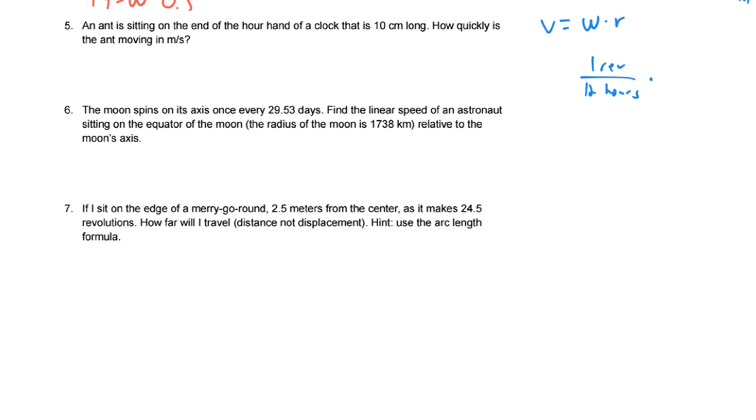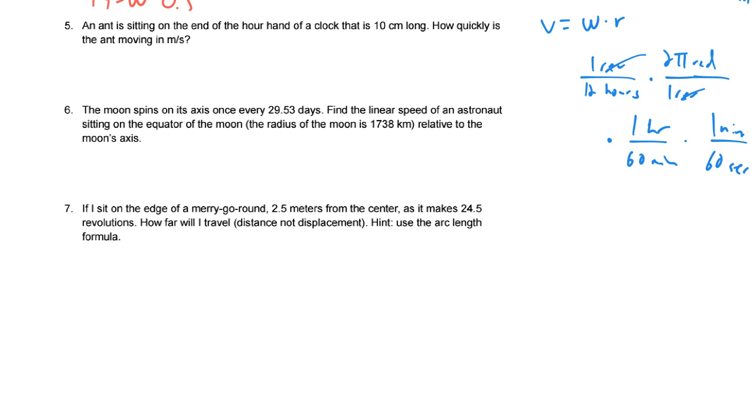Well, let's multiply this by 1 rev is equal to 2 pi radians. We multiply that by the fact that in 1 hour we have 60 minutes, and in 1 minute we have 60 seconds.